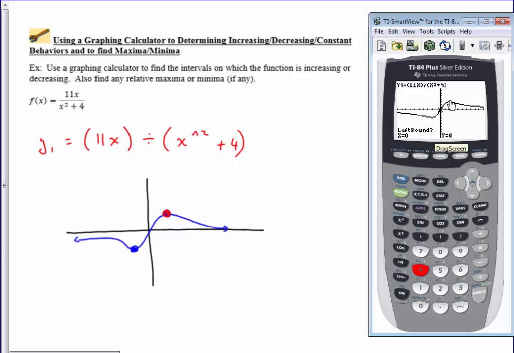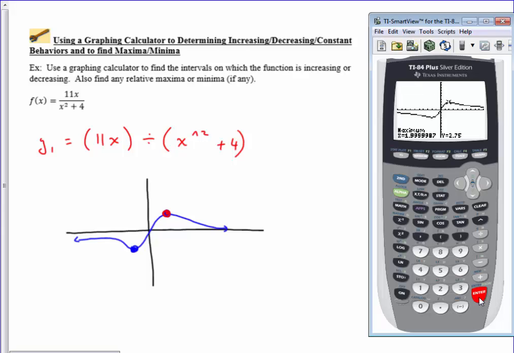Essentially, you need to have your cursor to the left of your actual relative maximum. We can see that right now we are to the left, so we could press enter, and then it asks for a right bound. So now we need to arrow right so that we pass over that relative maximum and make sure the cursor is to the right. Press enter, and then when it asks for a guess, as long as you're in the near vicinity, you can just press enter.